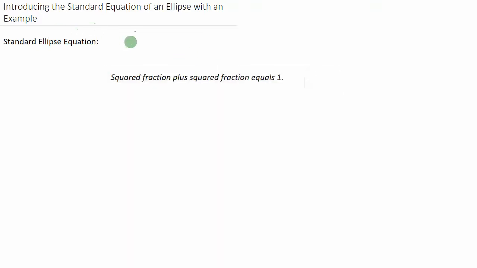So the standard ellipse equation is an x squared fraction plus a y squared fraction equals 1. And then you've got denominators down here. Now, I like to just remember it this way, but if you want to go further, you'll have a number, of course, in the denominators of these fractions.